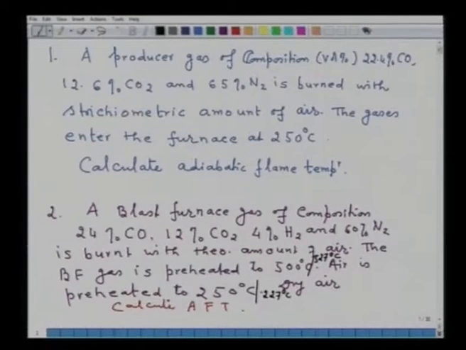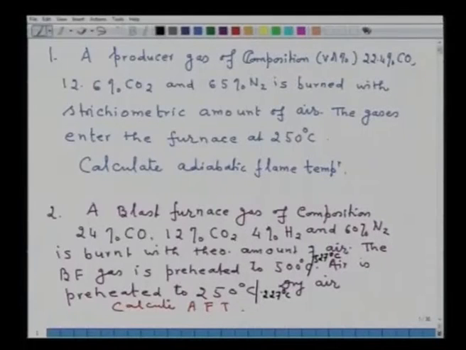You calculate the adiabatic flame temperature. I will illustrate this problem by taking the preheat temperature of blast furnace gas as 527 degrees Celsius and of air as 227 degrees Celsius.